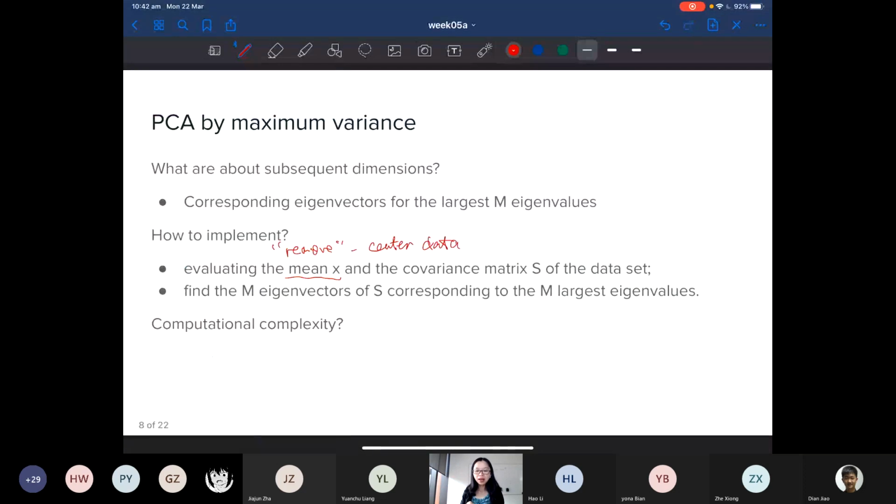So remove the mean, compute the covariance of the centered data, and then we find the m eigenvectors of the covariance matrix S corresponding to the m largest eigenvalues, and then we're done.